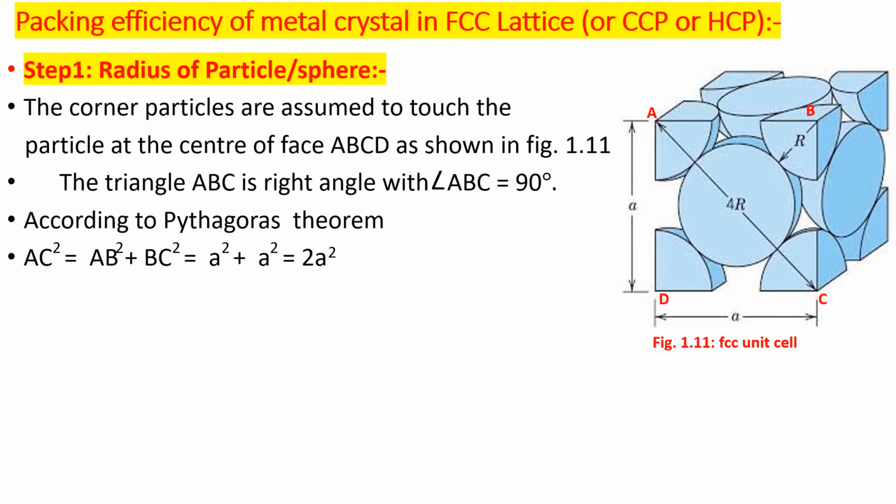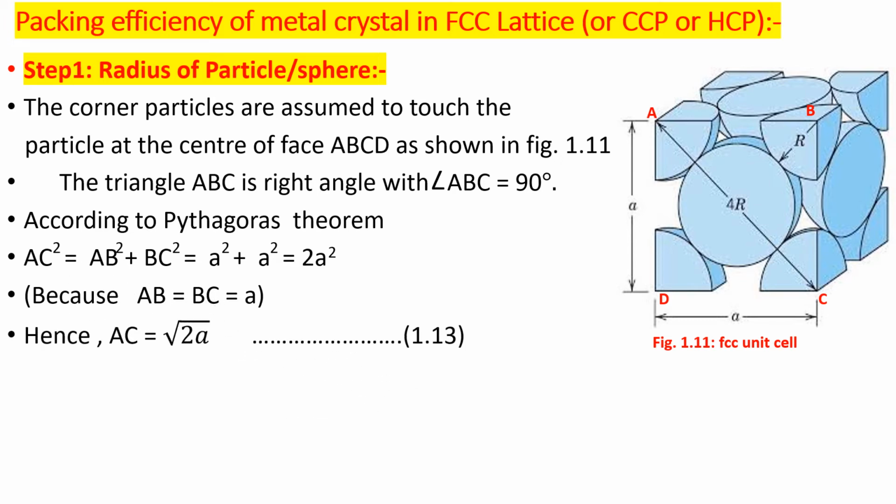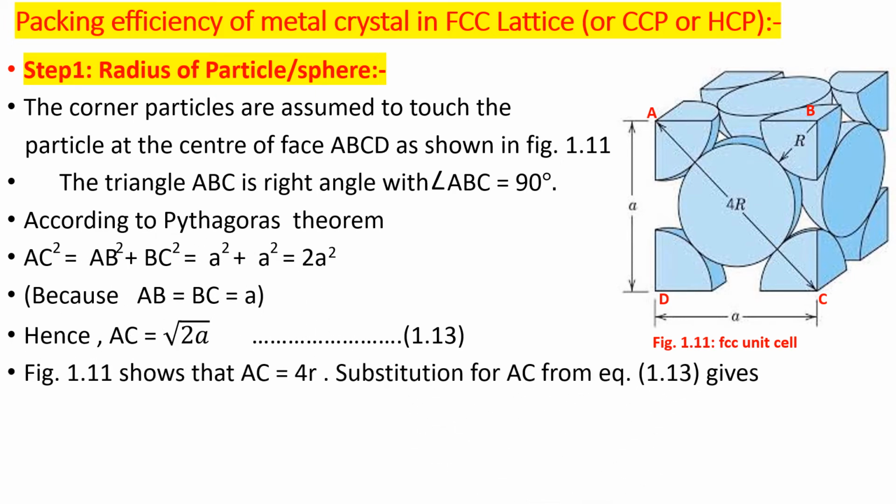AC square is equal to AB square plus BC square, which is A square plus A square, equal to twice A square, because AB is equal to BC is equal to A. Hence AC is equal to root 2A.